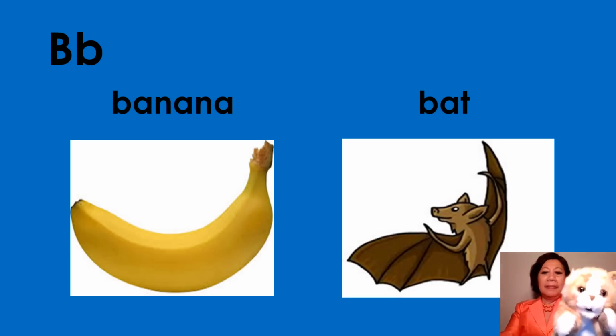B. B says B. Banana. That's right. A banana is sweet. B. B says B. Bat. That's right. Bats like to fly at night.